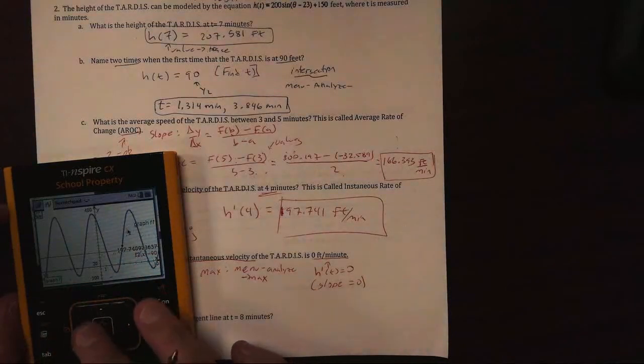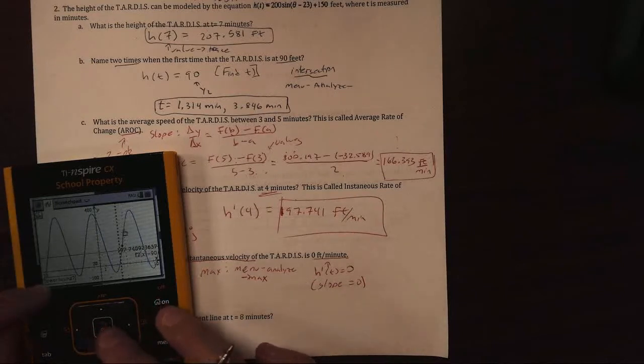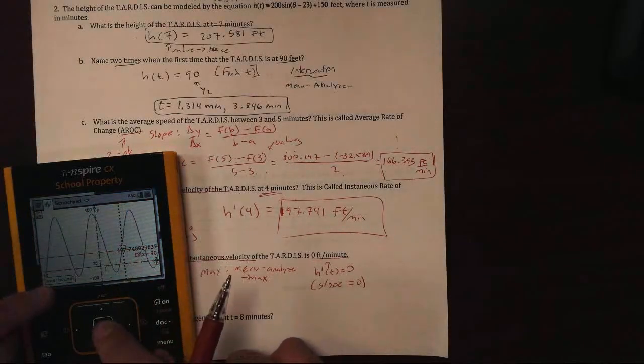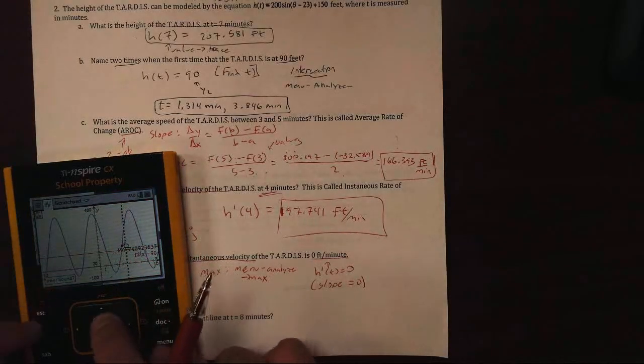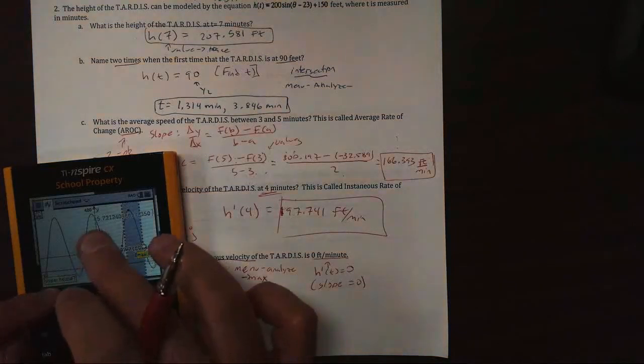So we're going to highlight the blue graph, and it says lower bound. So this is my maximum. I want to find this maximum. I'm just going to press that button, and then it says upper bound, and I'm going to scroll over, and there it is. There's my maximum value.